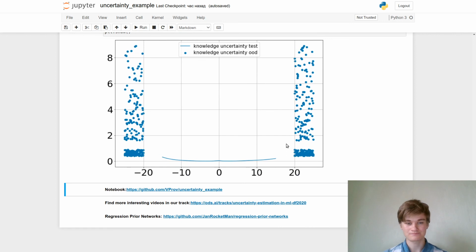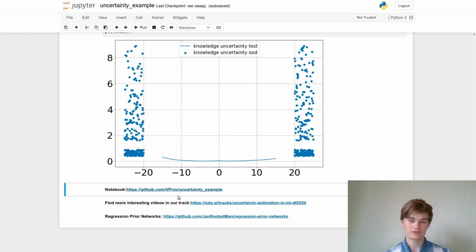Yes, so prior networks allow us to distill the whole ensemble with the whole bunch of properties, including uncertainty measures, and sometimes with improved performance compared to usual knowledge distillation into the same model as one in the ensemble.